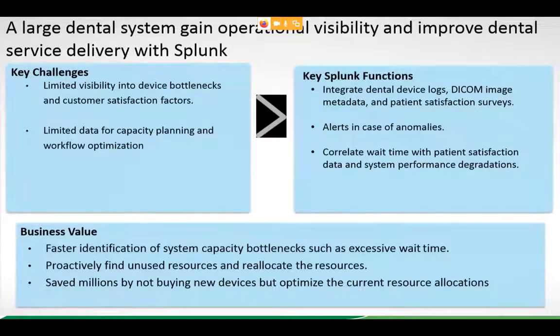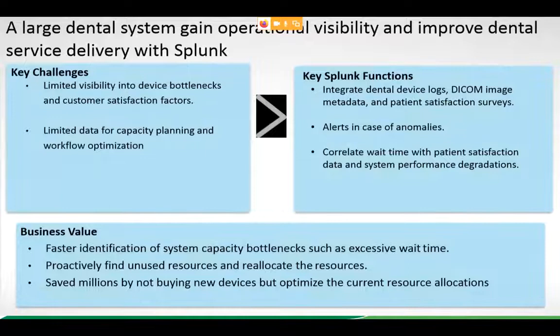Right, these are the key systems, operational visibility and the challenges within the delivery. Key challenges, key functions, what Splunk delivers. Basically, there is limited visibility into device bottlenecks and customer satisfaction factors. Here you can leverage Splunk by monitoring those devices and the images generated by those devices, metadata, to give alerts on anomalies, correlate wait time with patient satisfaction data and system performance degradations around those critical services handling servers, right?